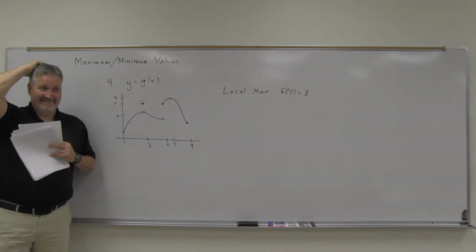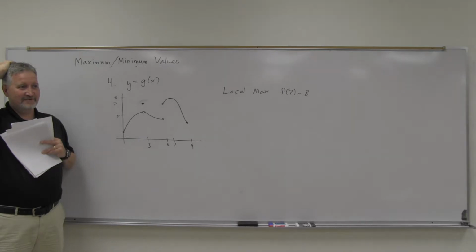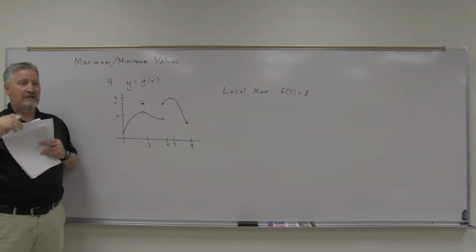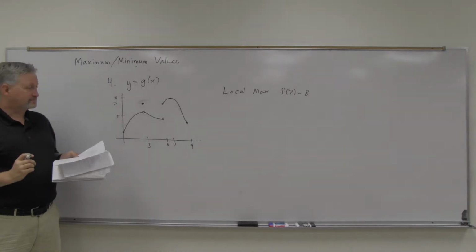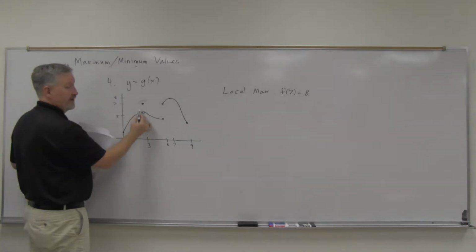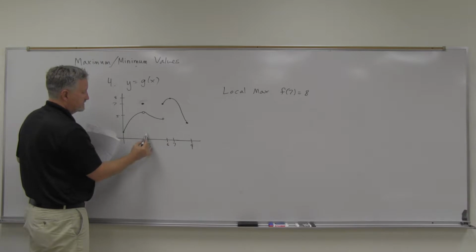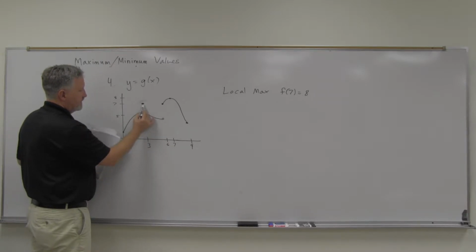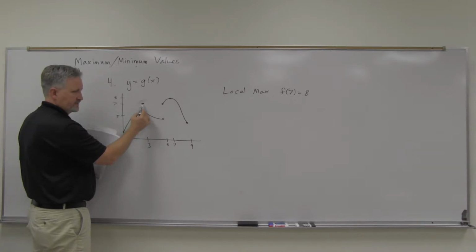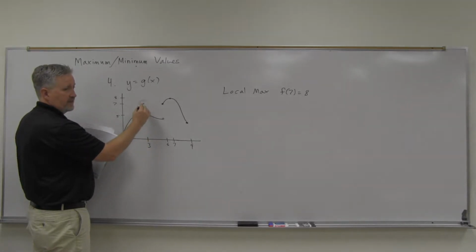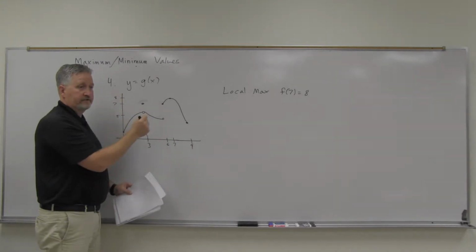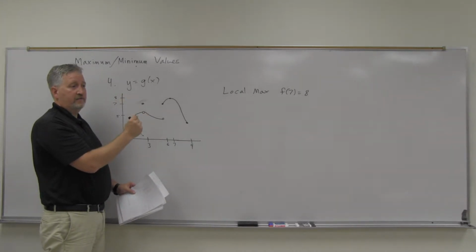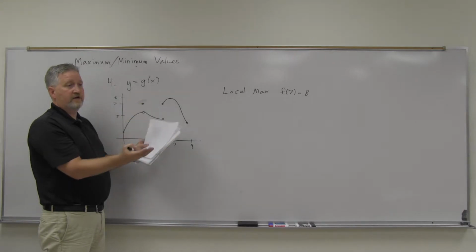Any others that we could say are local max? Well, there is another one, and it just so happens to occur here at 3, right? Because if you look at 3, there's a point disconnected off of that, jumped up at 3. But remember the definition says you've got a point, the function value at which is greater than the ones around it.